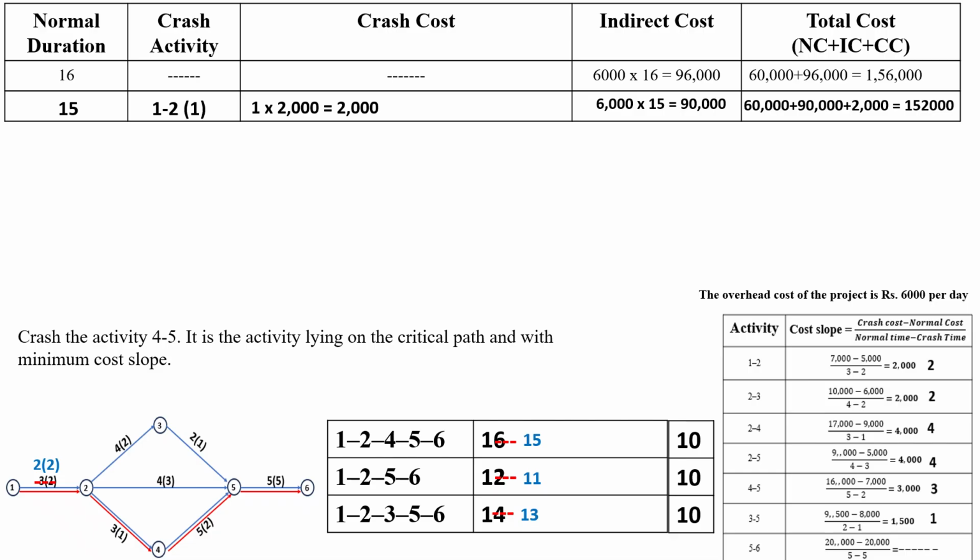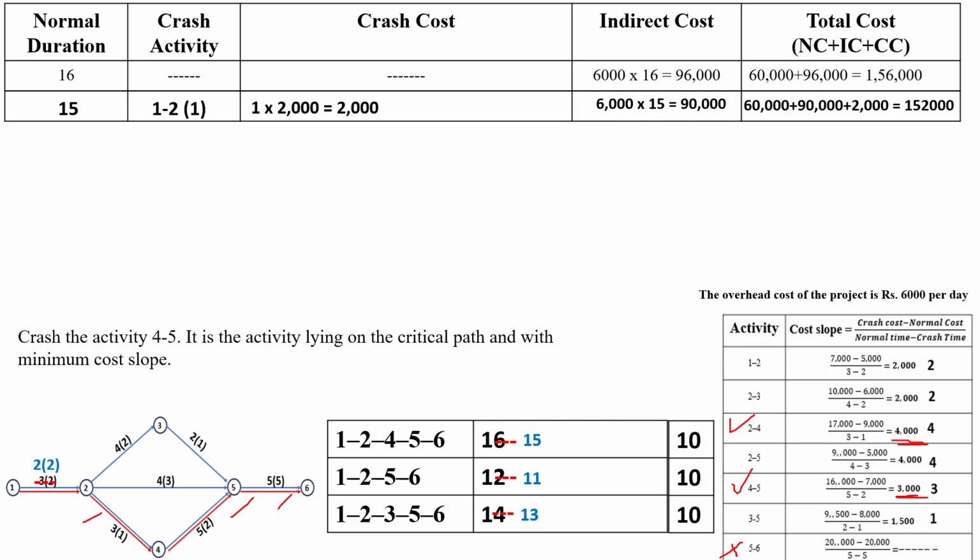Here the remaining critical activities are 2 to 4, 4 to 5 and 5 to 6, but 5 to 6 we are not considering for crashing. So now 2 to 4 and 4 to 5. For activity 2 to 4, the cost slope is 4000, and for activity 4 to 5, the cost slope is 3000.